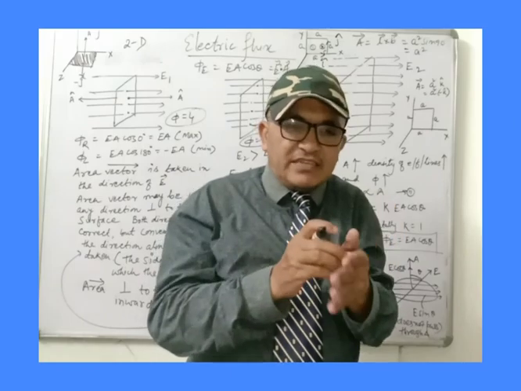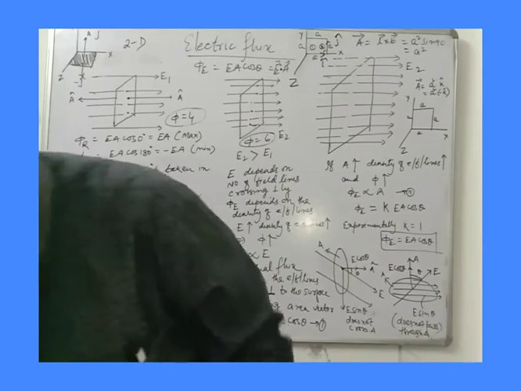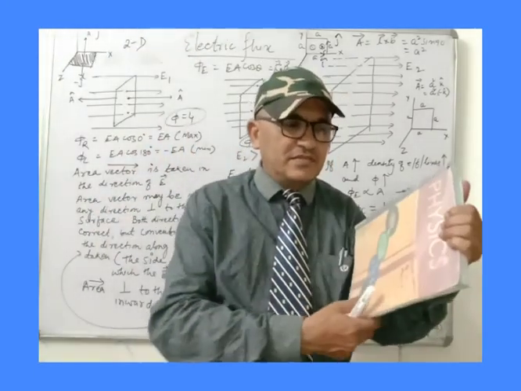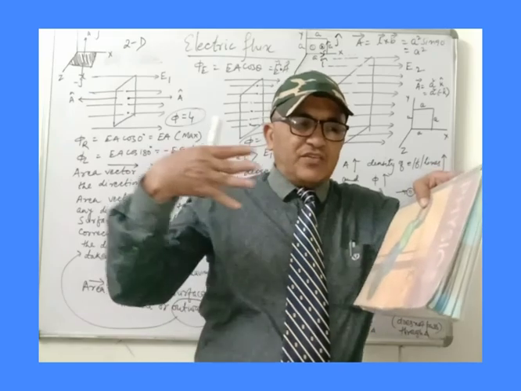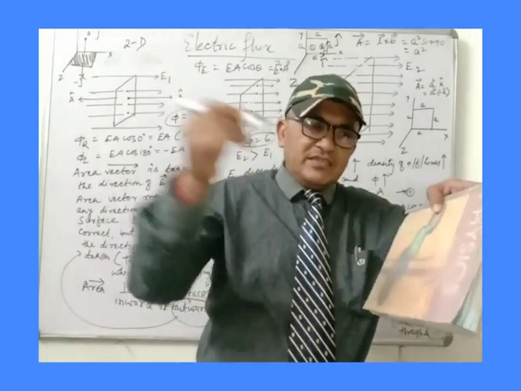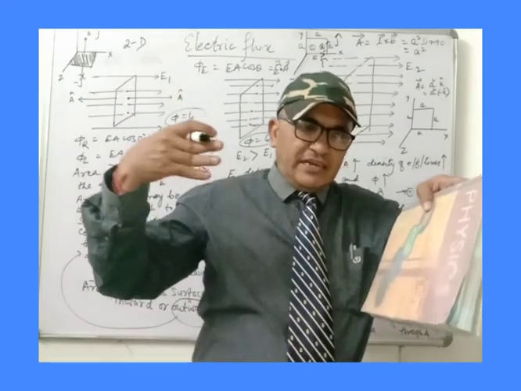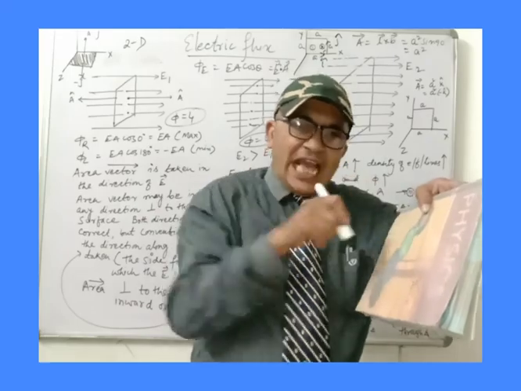Suppose the surface is like this, tilted, and electric field lines are crossing like this. So its area vector is somewhere like this, perpendicular, and the electric field lines are straight. So there is an angle.